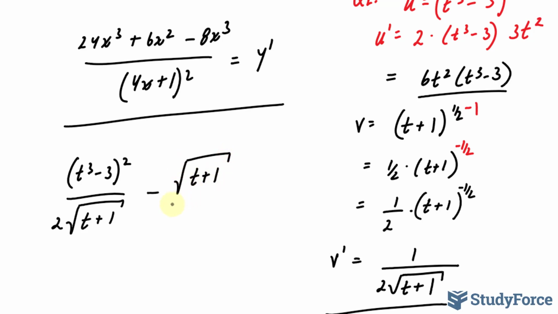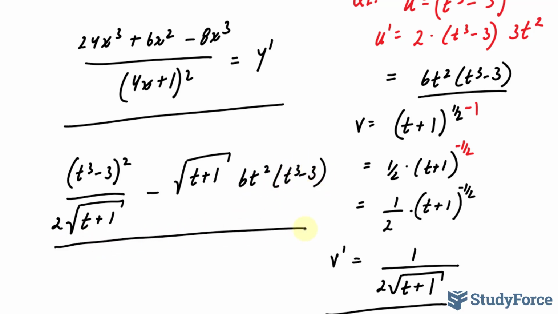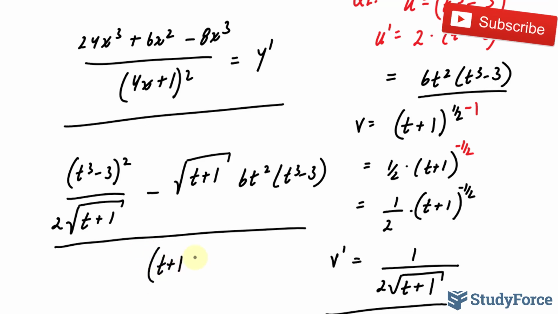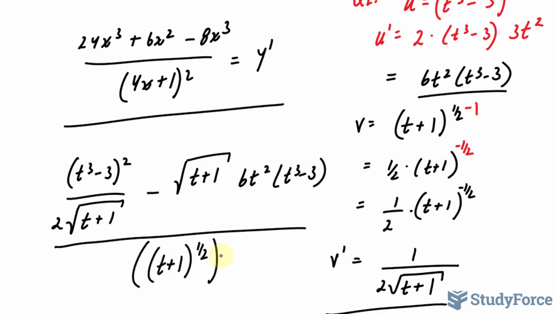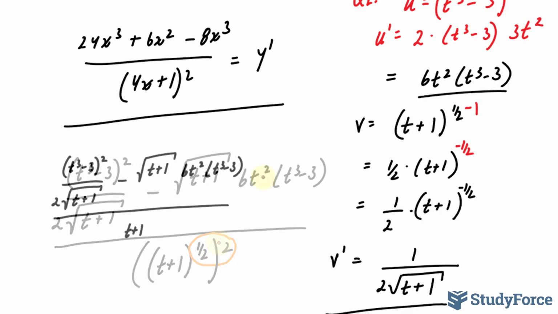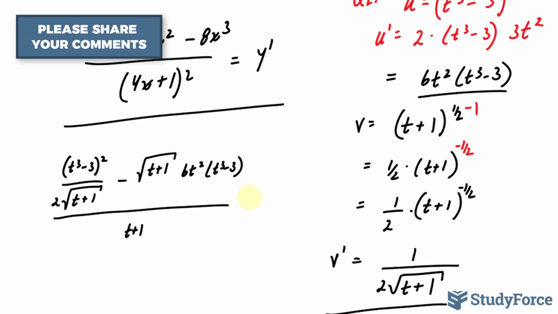There's no need to write it in the other format, times this part, 6t to the power of 2, t to the power of 3 minus 3, all over t plus 1 to the power of half, to the power of 2. And look what happens. We can use the power to a power rule for the laws of exponents. Multiply these two numbers out, we end up with 1. T plus 1 is simply that. And this is equal to s prime.